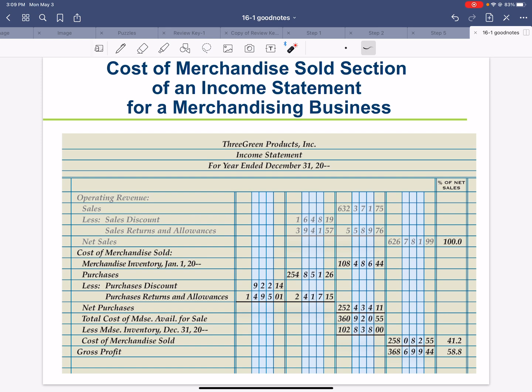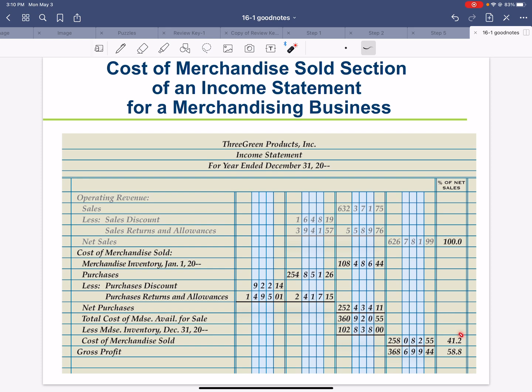$258,082.55. Then our gross profit is, here is our net sales. This was our sales. This is how much the merchandise costs for those sales. So we'll take this number minus this number, and we come up with $368,699.44 for our gross profit.